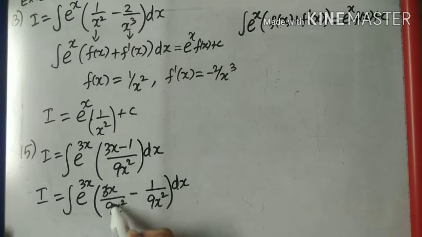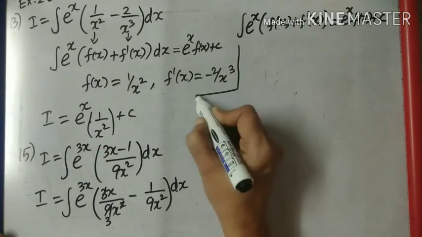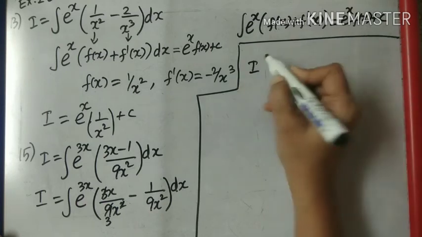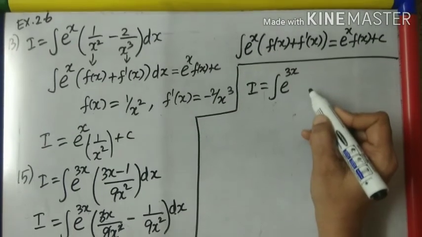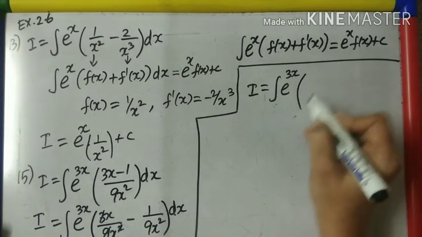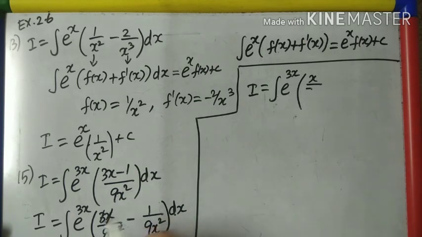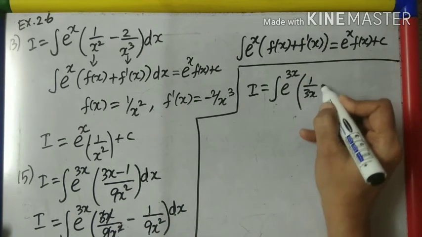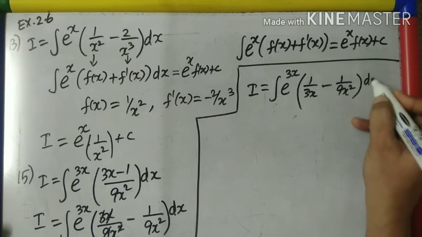I can cancel 3 and 1 x. So the problem reduces to the pattern I equals integral e power 3x, 1x got cancelled, so it is 1 by 3x minus 1 by 9x square into dx.